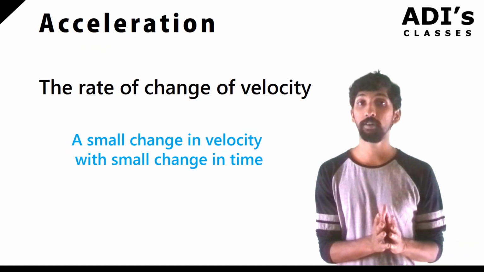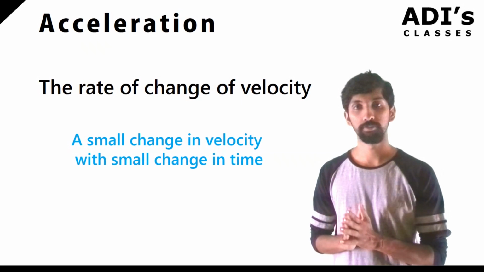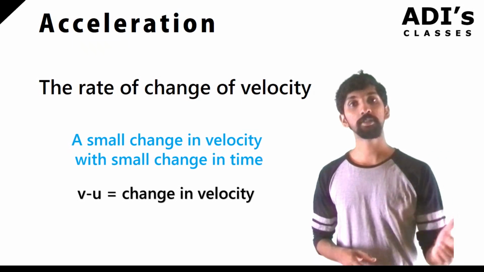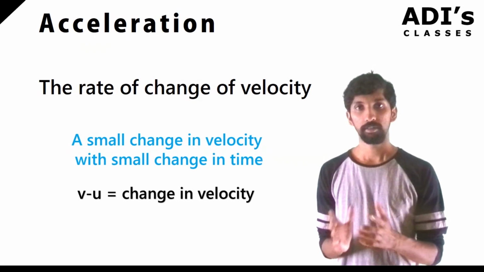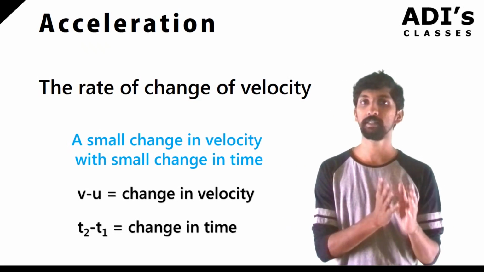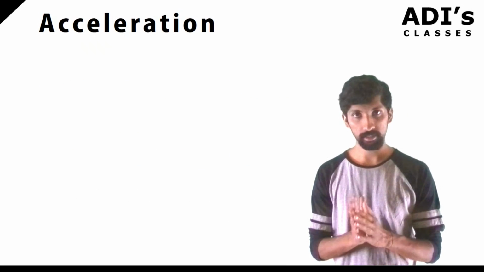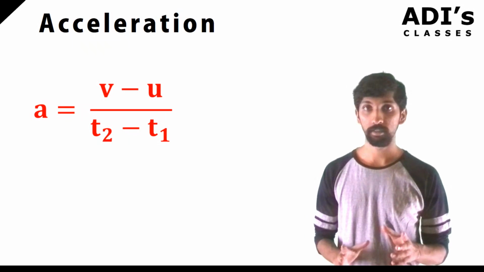So let's call the final velocity as v and the initial velocity as u. So v minus u will be the change in velocity, and we have to figure out the time, correct? So let's call that time as t2 minus t1. So acceleration a is equal to (v minus u) by (t2 minus t1).